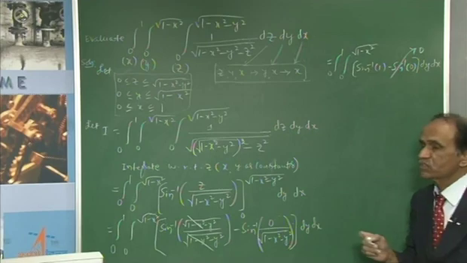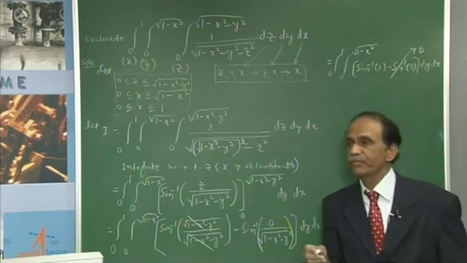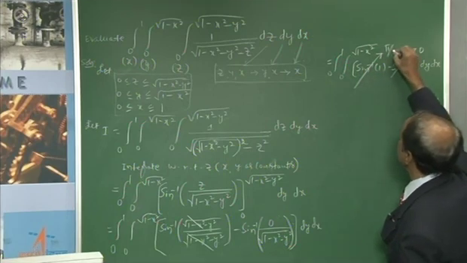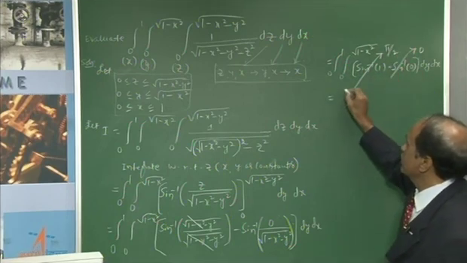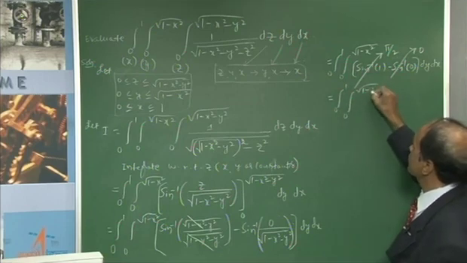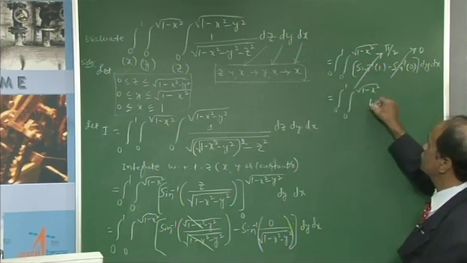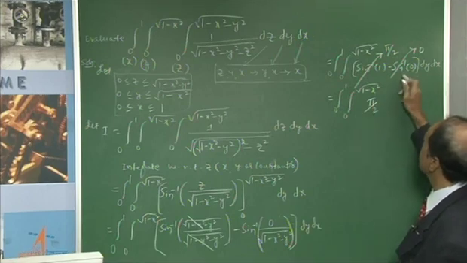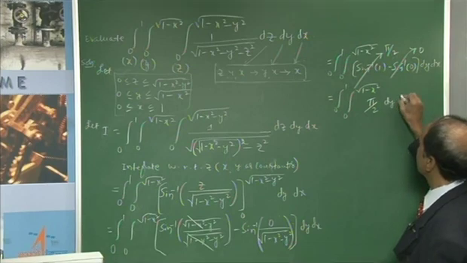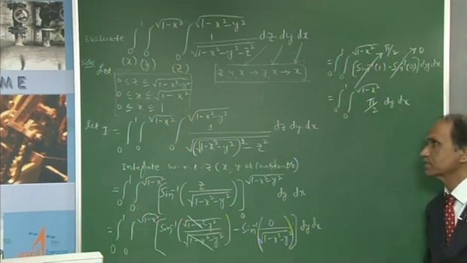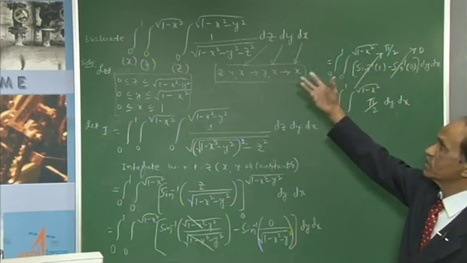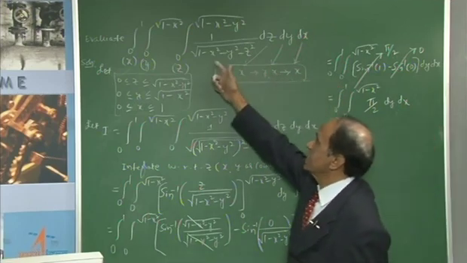As you know, sine inverse of 0 is 0 and sine inverse of 1 is 90 degrees, that is pi by 2. So it is 0 to 1 and 0 to root of 1 minus x square of pi by 2, dy and then dx.